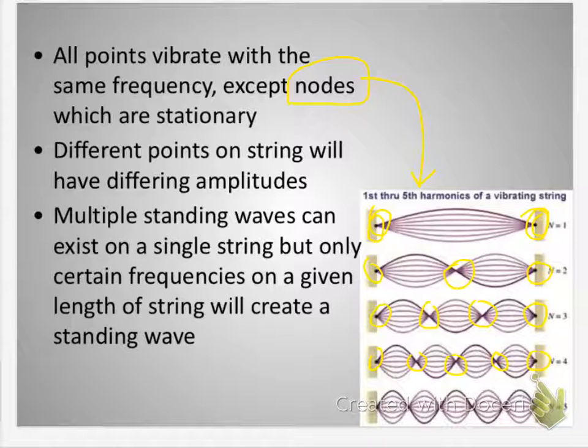So I had to play around, and Claire had to play around, with how fast we were moving that string. Let's attempt this on the string program. This last point: only certain frequencies on a given length of string will create a standing wave.